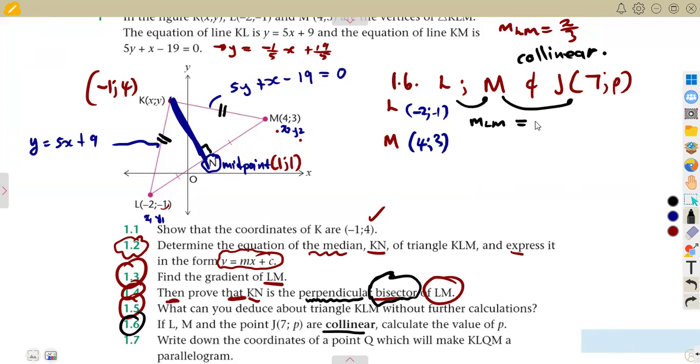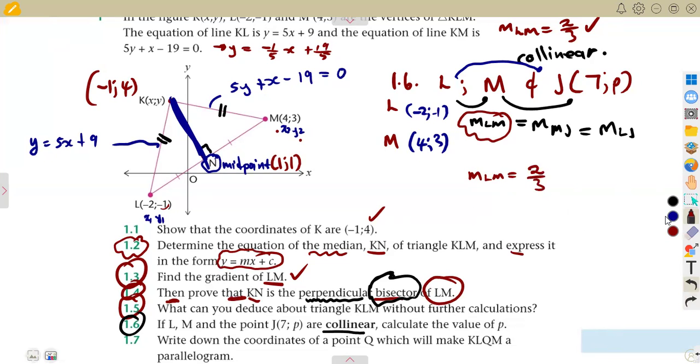The gradient of M to J is also supposed to be equal to the gradient of LJ, whichever way you go, as long as you are taking two points. Taking that as an advantage, we have the gradient of LM, which we calculated before, and it was 2/3.